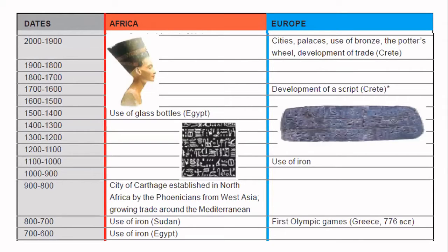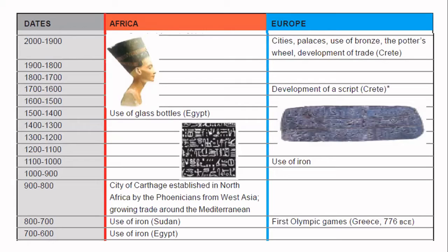But in Europe, 2000 to 1900, you can see cities, palaces, use of bronze, the potter's wheel, development of trade, which happens in Crete. Okay, and we can also see development of script that happens in Crete. So you can see there are two pictures here with inscriptions on it. This also shows the use of writing.